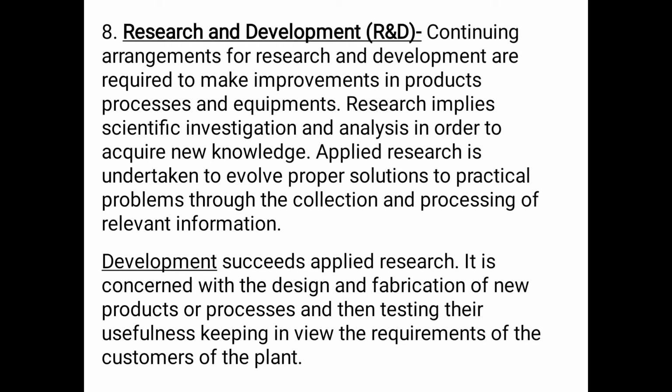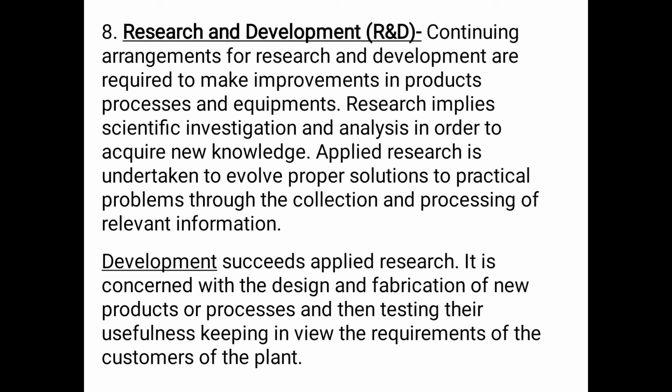Development. Development succeeds applied research. It is concerned with the design and fabrication of new products or processes and then testing their usefulness, keeping in view the requirements of the customers of the plant.